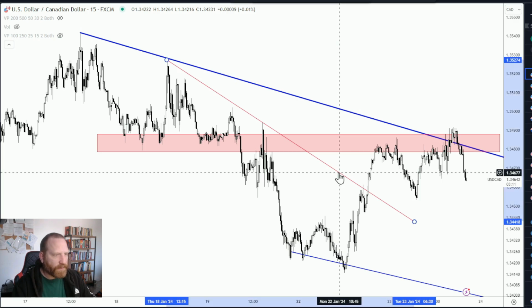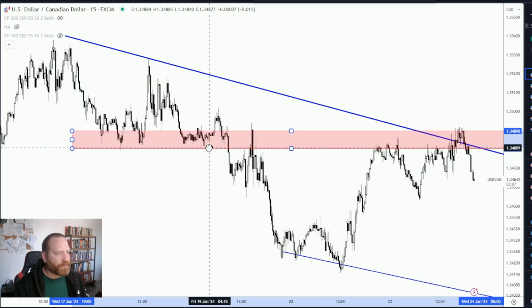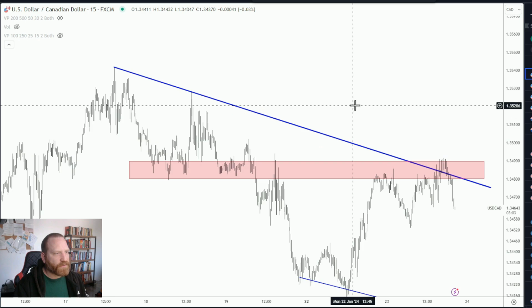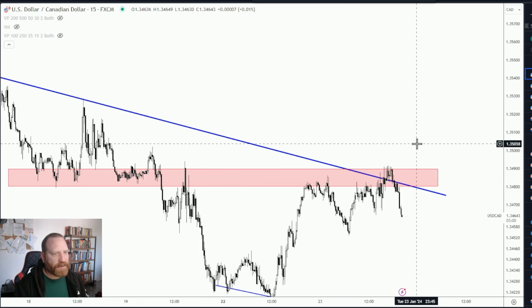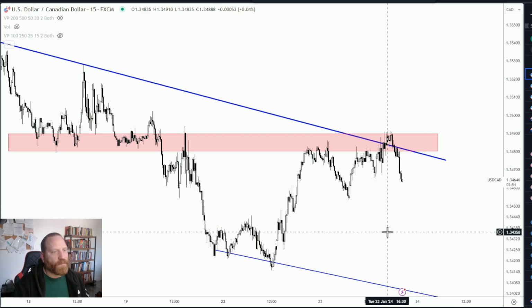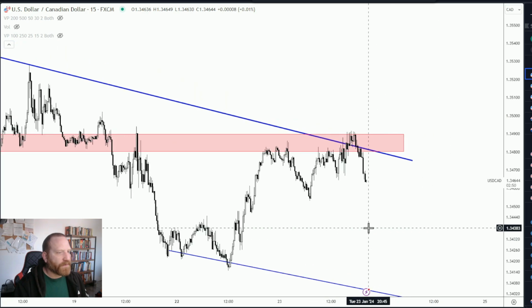This one is no longer valid. So now we had a bed of resistance in that zone, and we had a resistance as well here with that trend line.